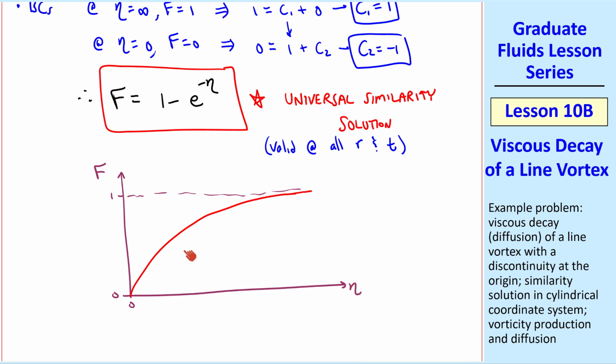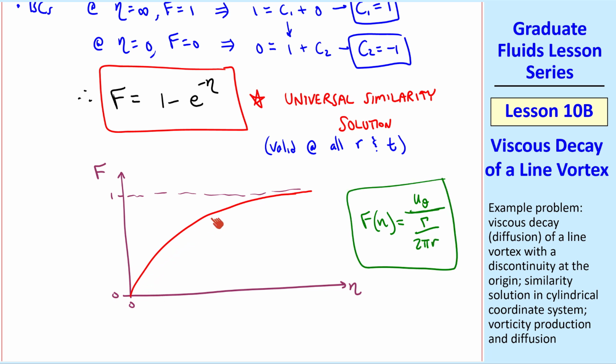Well, this looks nothing like our decaying line vortex. That's because, as you recall, f of eta is u theta over gamma over 2 pi r. So this curve represents the ratio of the actual u theta over the initial u theta.